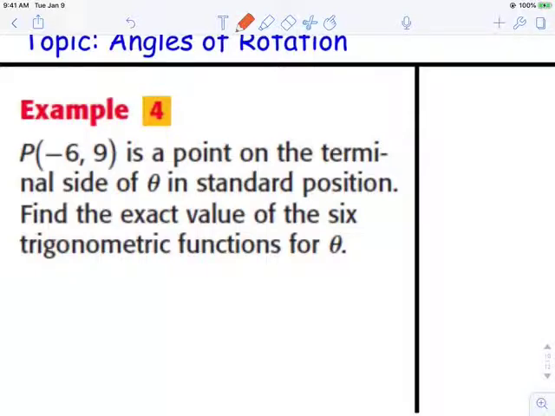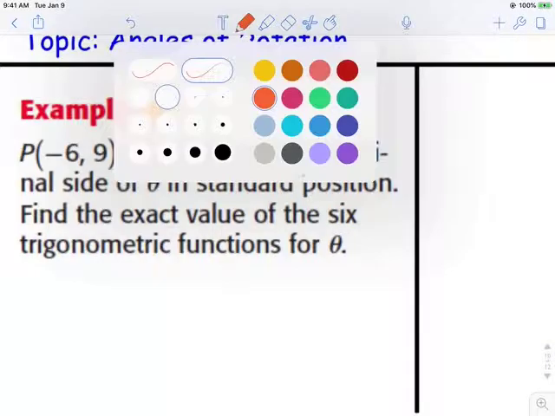I want you to draw the xy plane and plot the point.